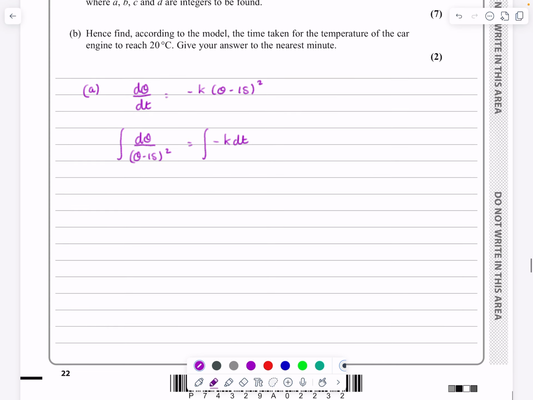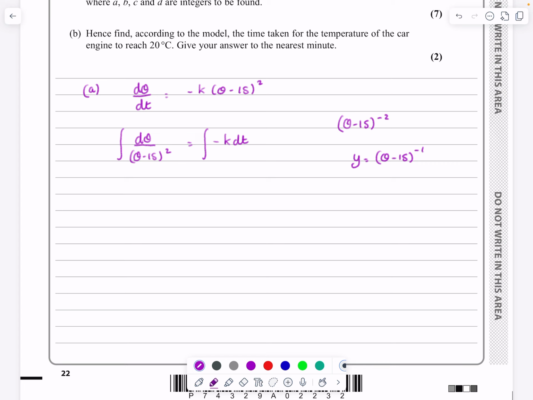I'm not going to spend too long doing this one, but on the left-hand side I've got 1 over (theta minus 15) squared, that's the same as (theta minus 15) to the minus 2. And this is one where we can just use reverse chain rule to work out what the answer is going to be. I can see that if I differentiated and the power became minus 2, my guess would be that I started off with y equals (theta minus 15) to the minus 1.